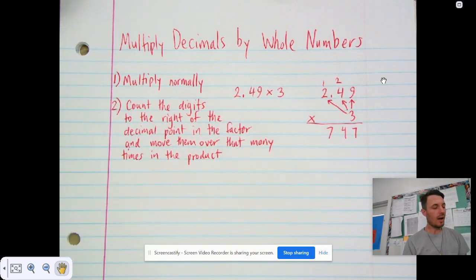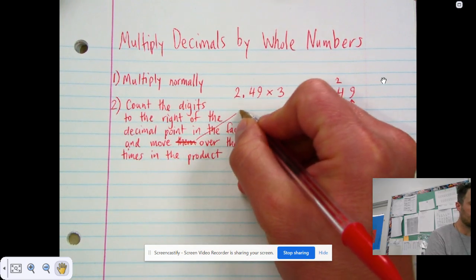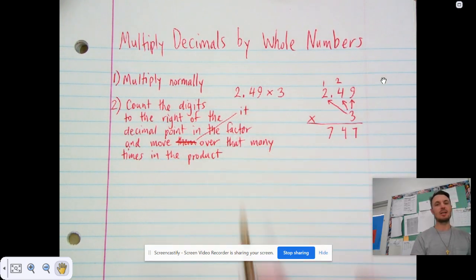Count the digits to the right of the decimal point in the factor and move it over. Move it, because it is the decimal point. Move it over that many times in the product.